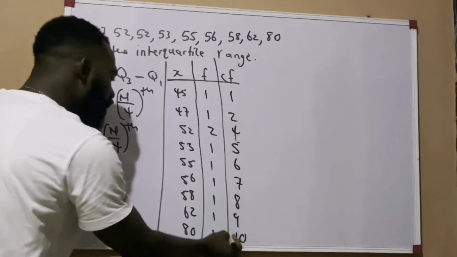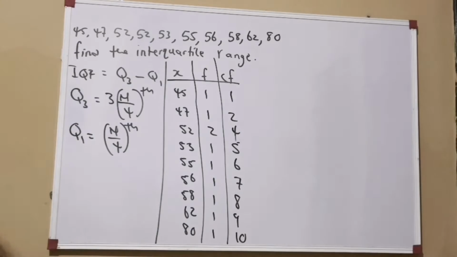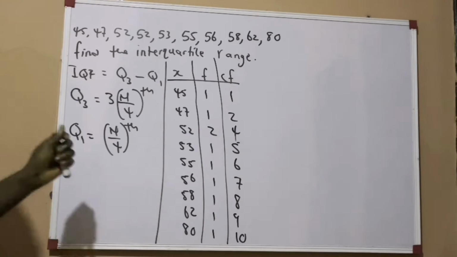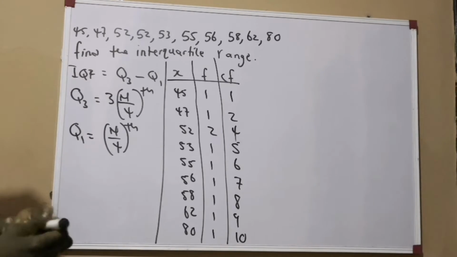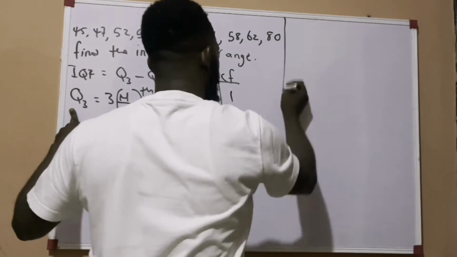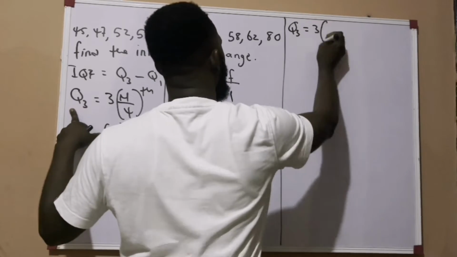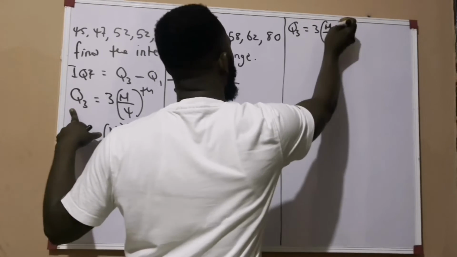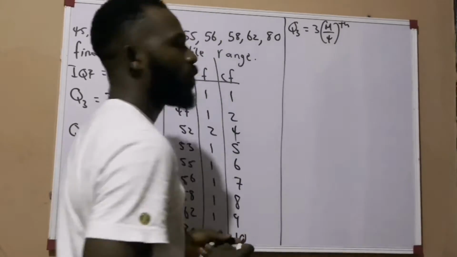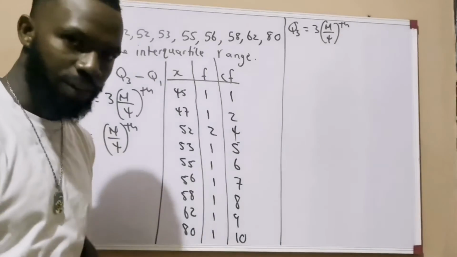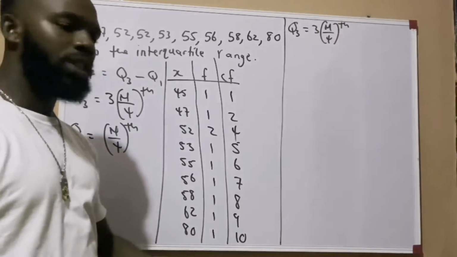Once you do this, the next thing we do is calculate our Q3 and our Q1. Like we said, the formula for calculating Q3 is Q3 equals 3 times n over 4, all raised to the power of th. What is n in this question? n is our total number of observations, which is 10.